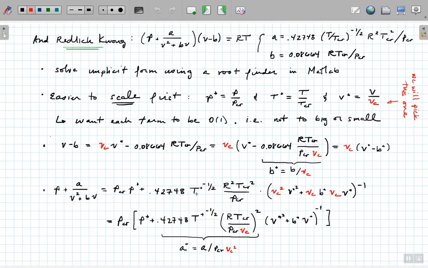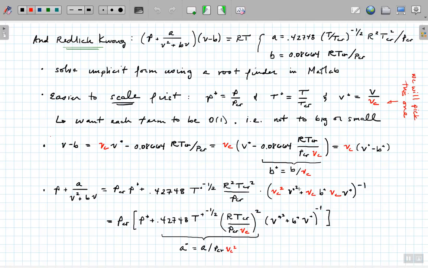Let's do the same thing for the next term. We're going to take P plus a on the quantity V squared plus b times V. Let's replace all of our variables here by what they will be in terms of their starred counterparts. So P is just P critical times P star. A is all of this stuff, where T over T critical already shows up for us as T star, R T critical squared on P critical, there it is.